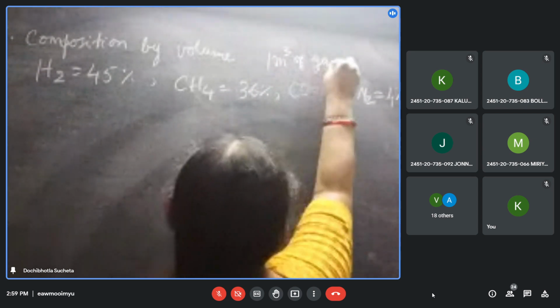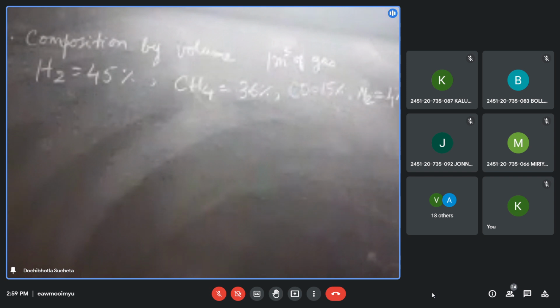Now you don't use this formula. 100 by 23 is not applicable here, where air is 21%, but you can't substitute. You need to solve it a little differently.